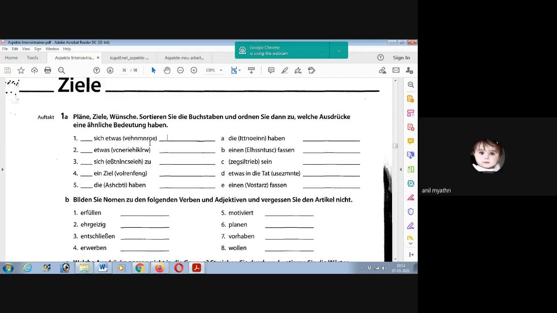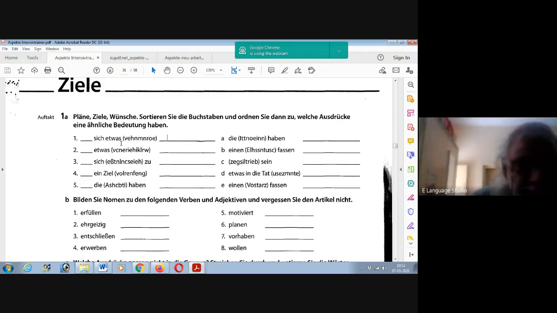If you take ver, there's only one more e here. So if you take the e in ver, then you will have a problem with the rest of the spelling. This is simple spelling logic in German. So it must be a vor.